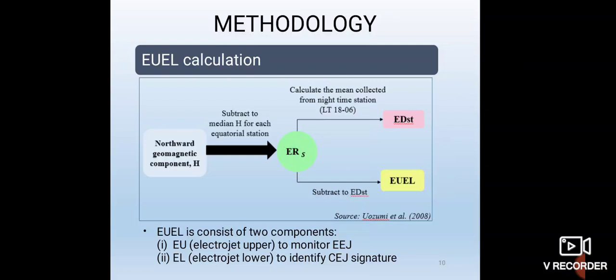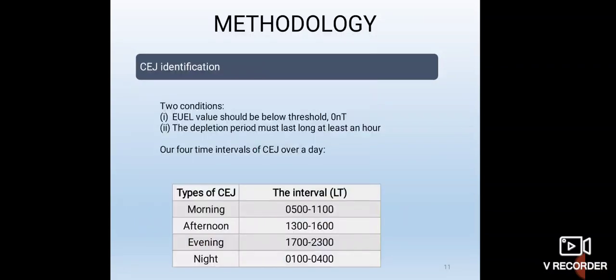EUL consists of two components. First, EU to monitor EEJ, and second, EL to identify CEJ signature. CEJ identification is based on two conditions.